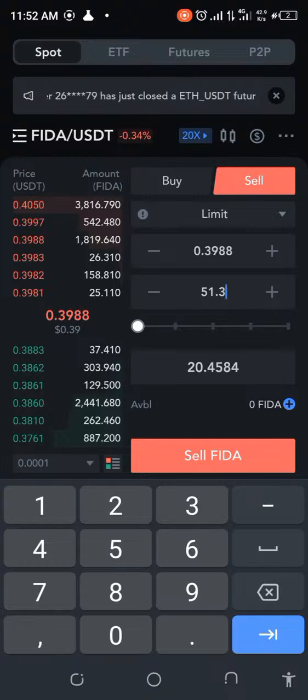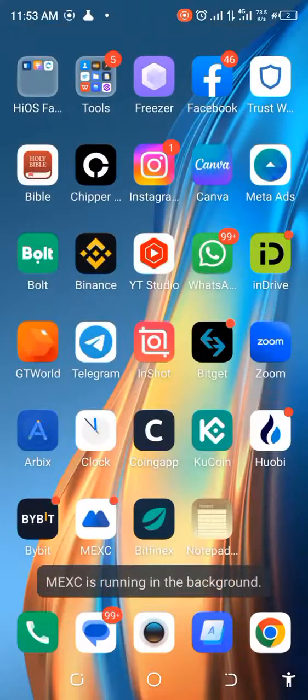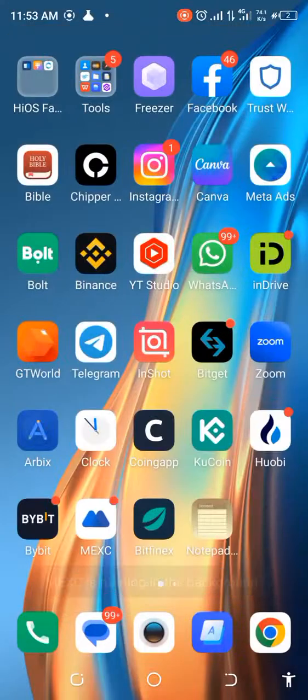By the time we take off all the expenses that are needed here, what will be the expense? The major expense will be the transfer fee. So now we need to go check in Binance to know what exactly is the transfer fee to get this over to MEXC. So let's go ahead and just quickly check this.